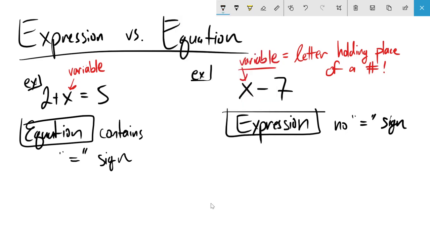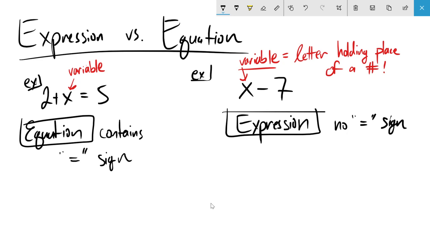Now, sometimes you can solve for it, right? It might not necessarily be unknown, like something you can find, like here. This is holding the place value. If you want this equation to be true, then that x has to be holding the place of a 3. And then so x has to be 3. But over here, what value can we put in for x? Anything, right? X could be 0, x could be 100, x could be negative 15, right? You can still drop it in there and combine those numbers and simplify.